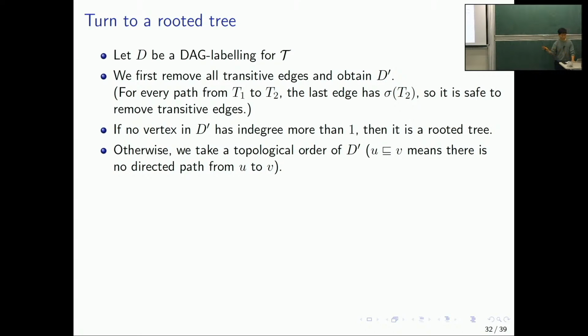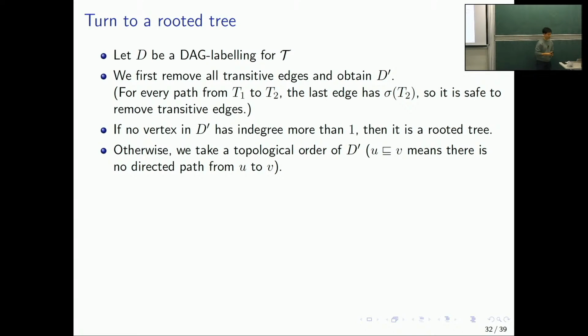We first remove all transitive edges, because the property that we have for the DAG-labelling is preserved by removing transitive edges. And at the end, if the resulting digraph does not have a node of in-degree more than 1, then it will become a tree, really an undirected tree.